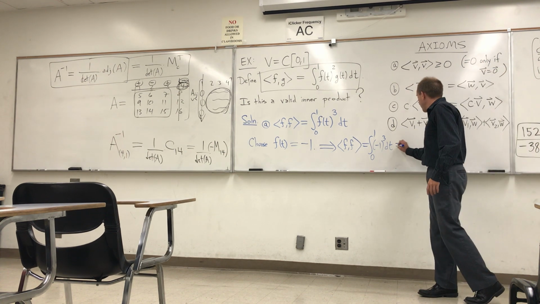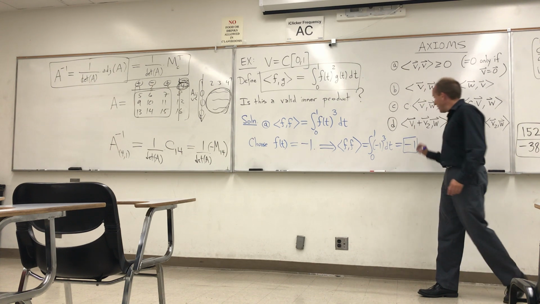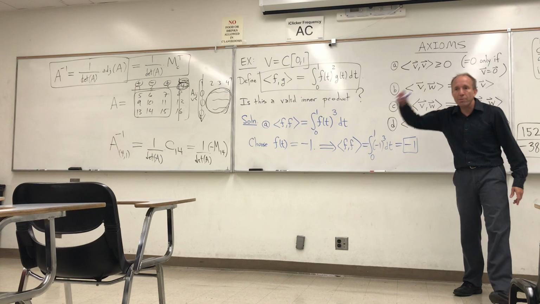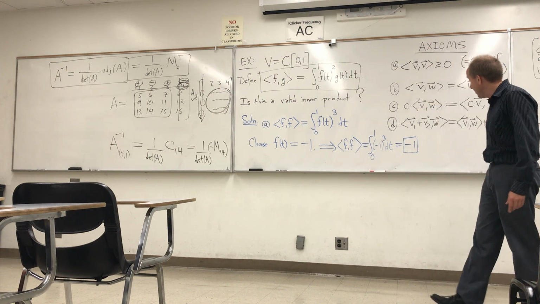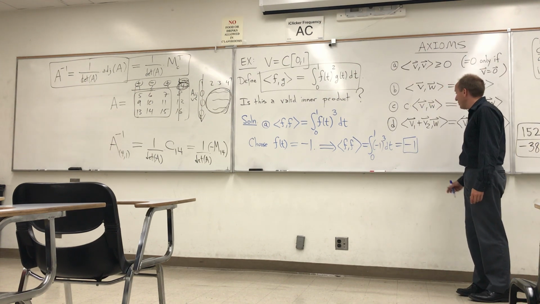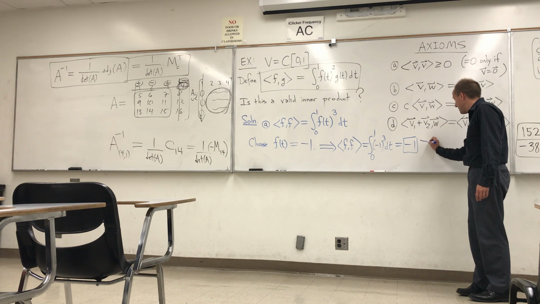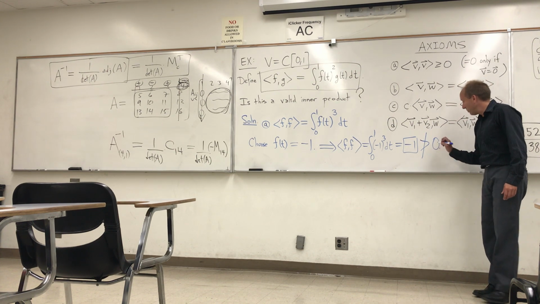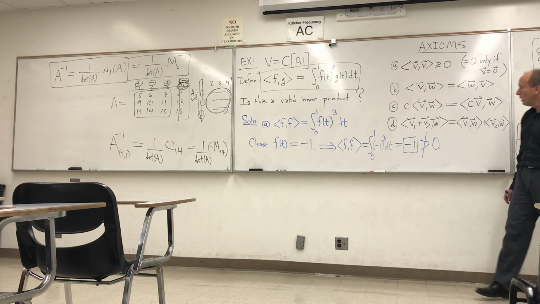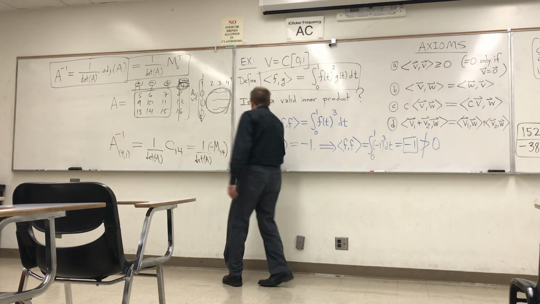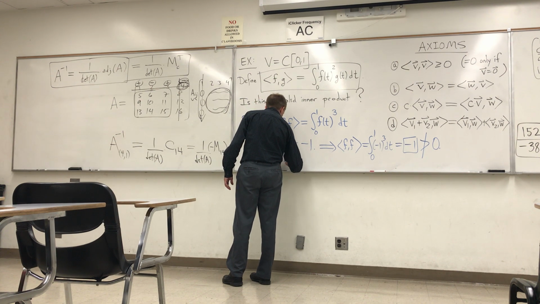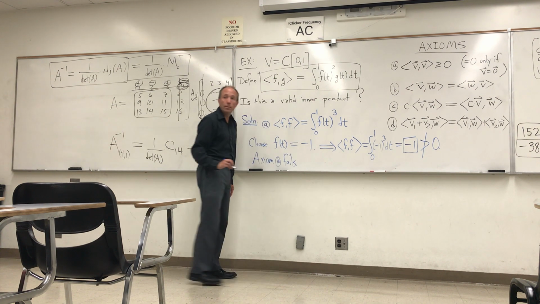So we're just pulling out a minus sign, and we get an answer of -1, because you integrate dt from 0 to 1 and get just t, evaluated from 0 to 1 is just 1. So we have -1, which is not greater than or equal to 0. So axiom A fails.